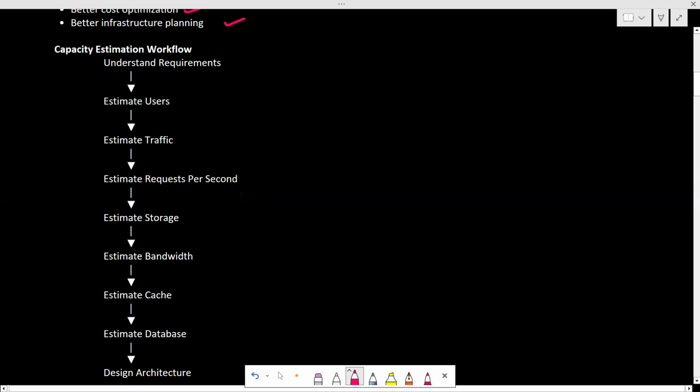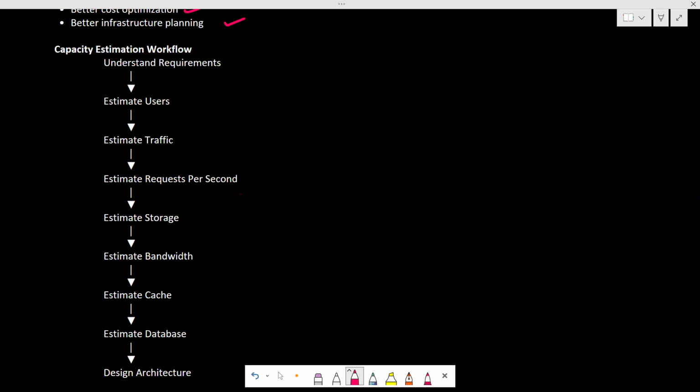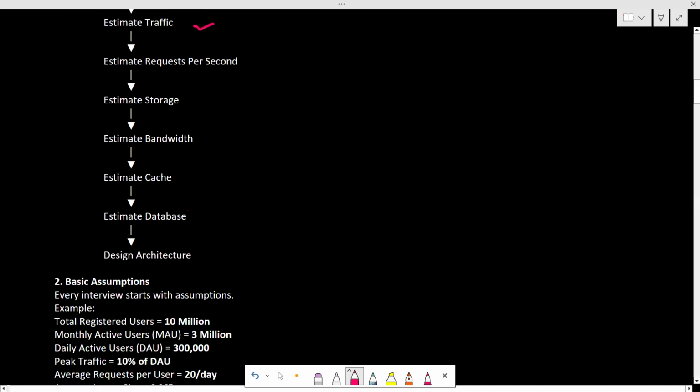So now we will see the capacity estimation workflow. Professional architects follow a structured approach. They first understand the business requirements. Next, they estimate the number of users. After that, they calculate the traffic, then requests per second, storage, bandwidth.